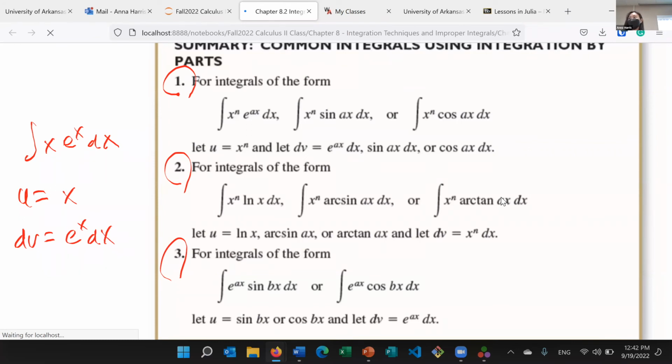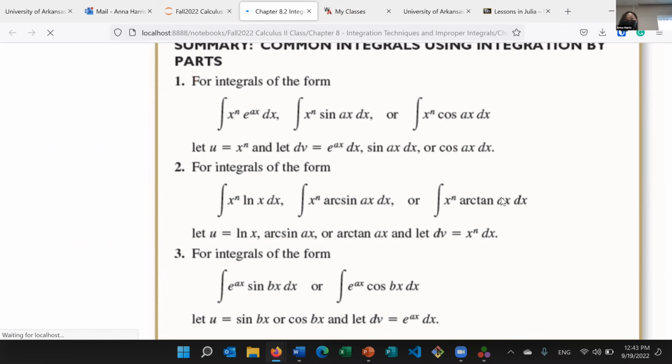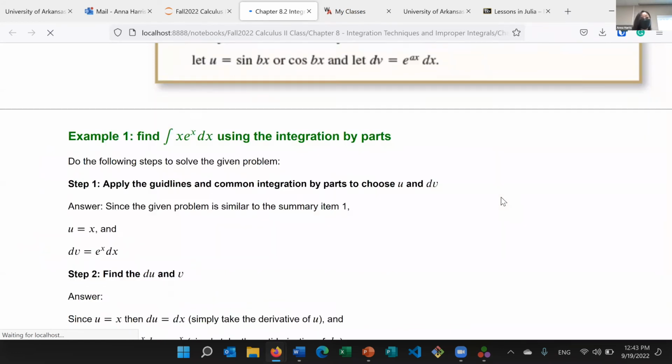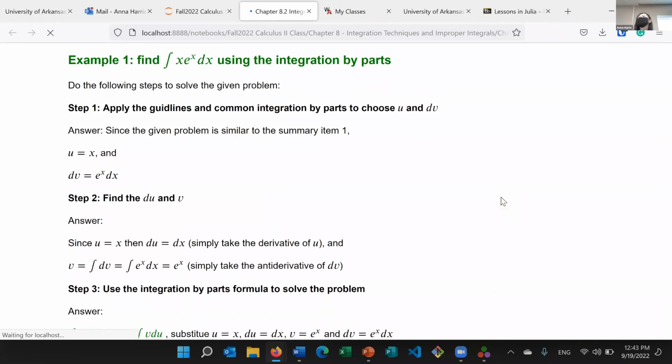Is everybody with me? Okay, because that's the main part. If you can figure out what's u and what's dv, 50% is done. As I said before, I gave you steps, but I want you to remember this: I'm going to apply the guidelines, the common integration by parts.